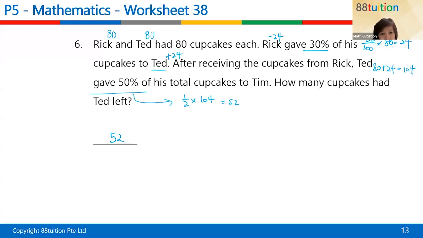Okay, many of them say no. Then can I speed up a little faster? Because the one I want to spend time for is the behind ones. Okay, 52. Done.